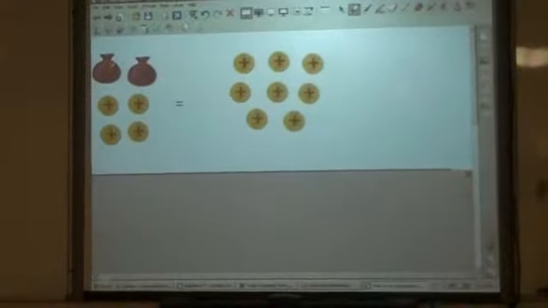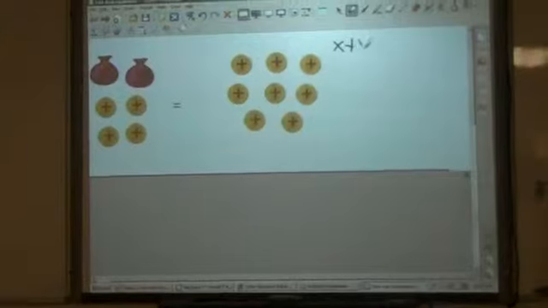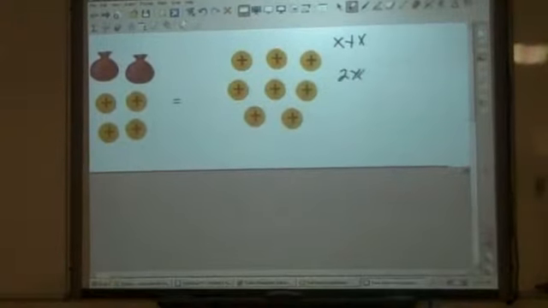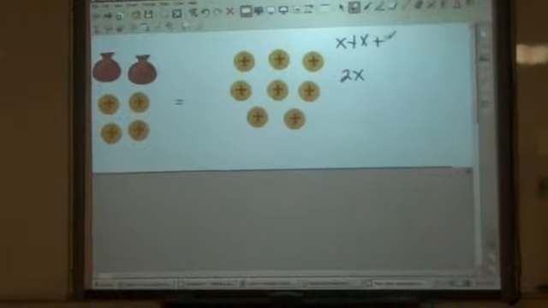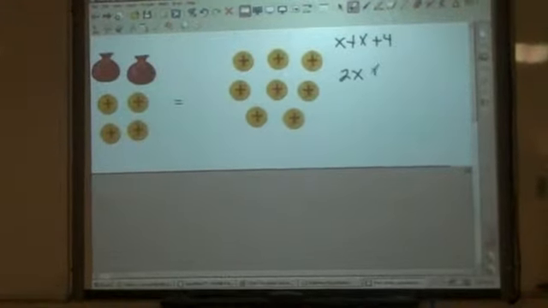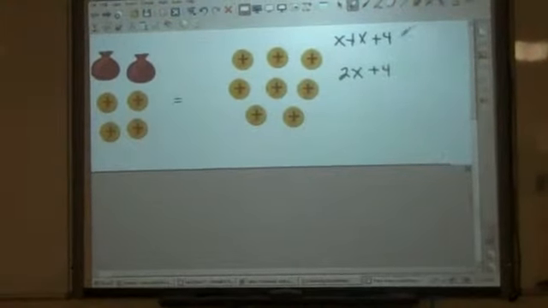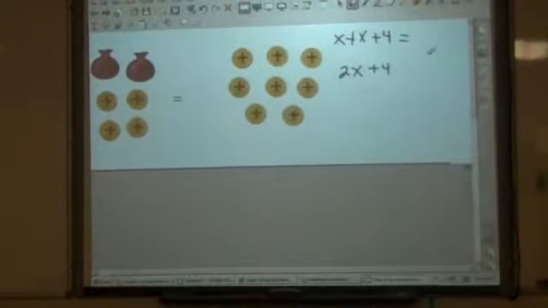So if I have an x and an x, that'll give me 2 x's. I also have these 4, notice that they're positive coins. This is set equal to 1, 2, 3, 4, 5, 6, 7, 8 coins.